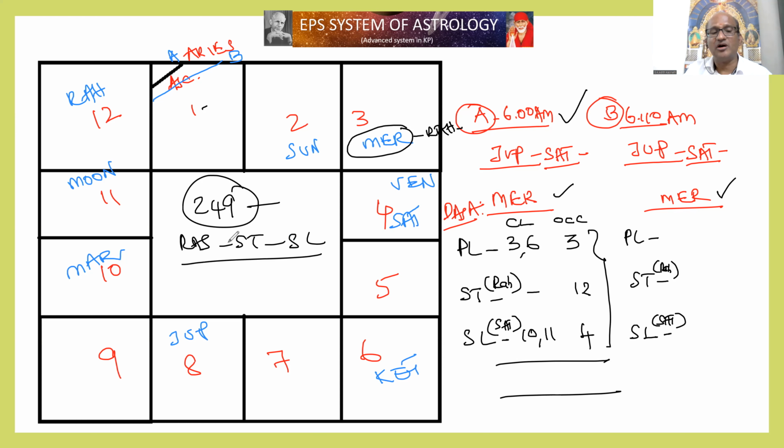Any planet or any cusp will be in one Rasi, one nakshatra, one sublord. When minutes change, the sublord of the cusps can change from 3 minutes to 9 minutes duration. Only the cusp sublord will change. The planet sublord will not change because planets are very slow moving. But the Lagna and other cusp sublords can change, right?